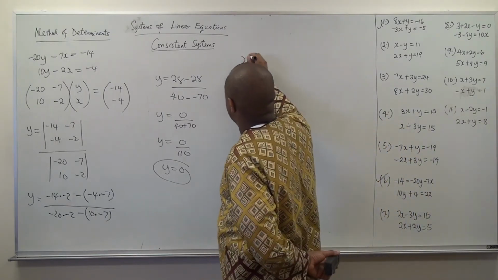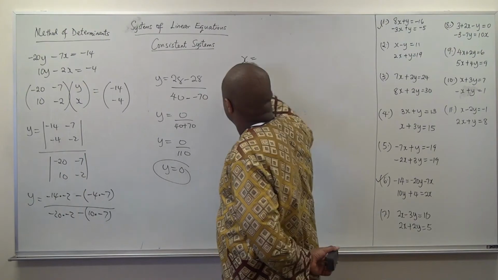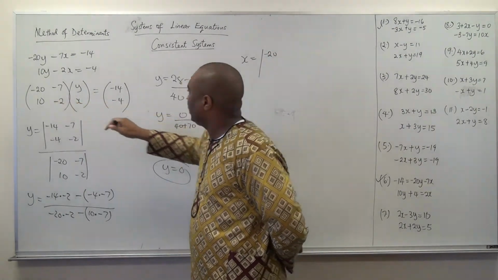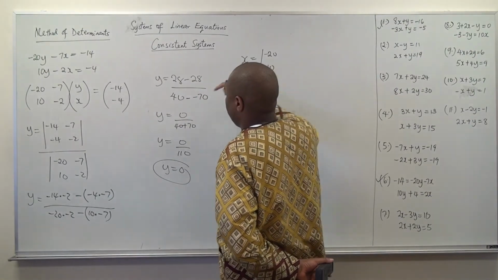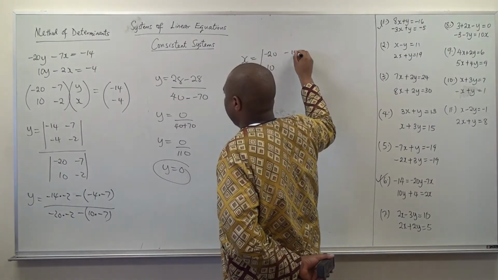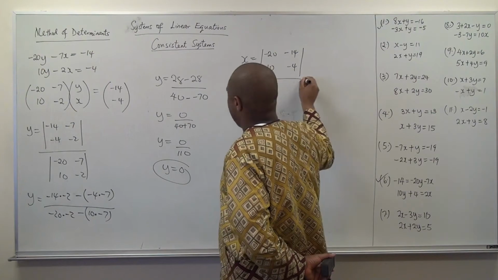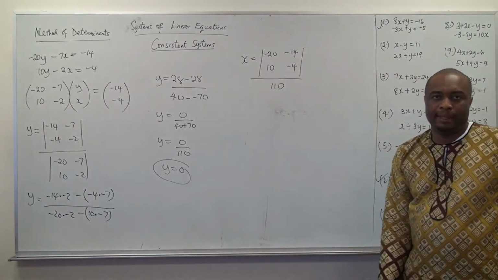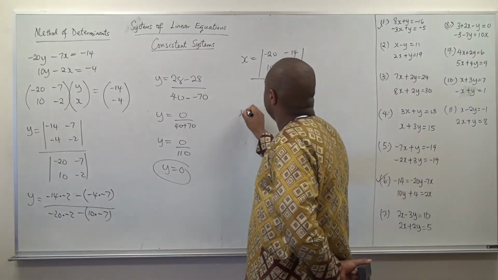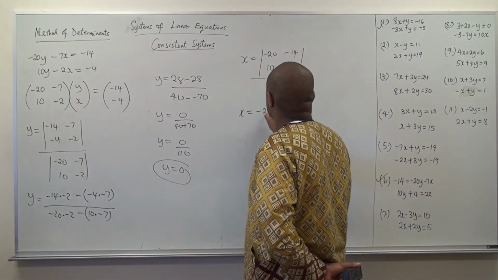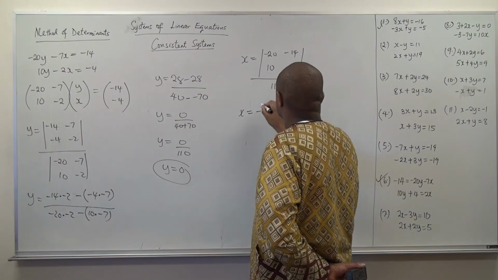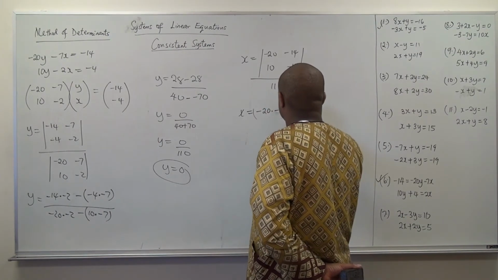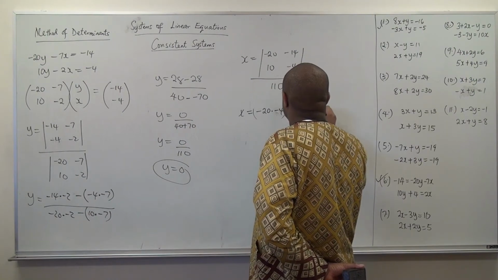So, our x will now be determinant, what? Negative 20. Now, x is now with this. Negative 20, 10. And for this, you replace it with this. Negative 14, negative 4. All over what? 110. Because there's no need for me to write all this again. So that will now be x equal to negative 20 times negative 4 minus 10 times negative 14.